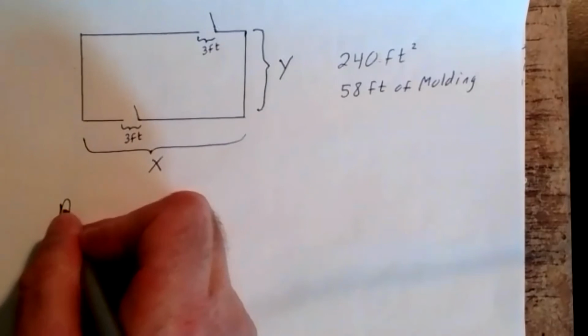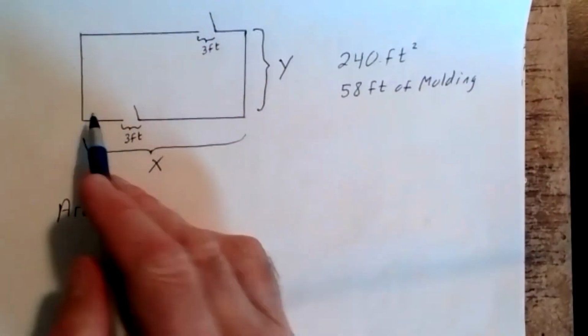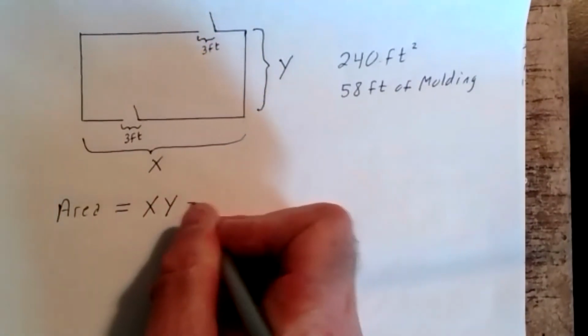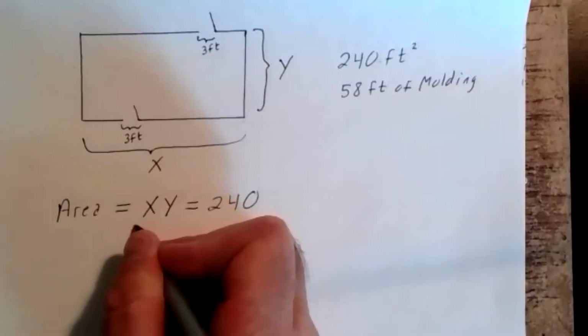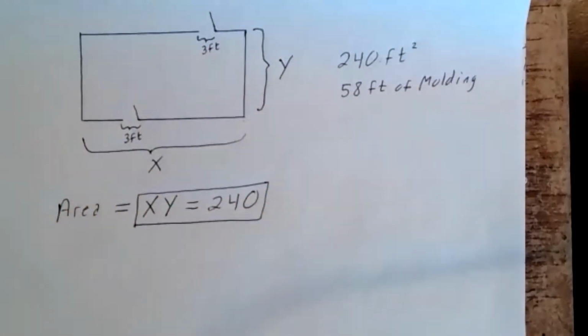How do you find the area of a rectangle? Multiply the length and the width. Length times width. So the area is going to be X times Y. But ladies and gentlemen, they tell us the area is 240 square feet. So we have one equation in our system: X times Y is equal to 240. That's one equation that we have. It's called the area equation.